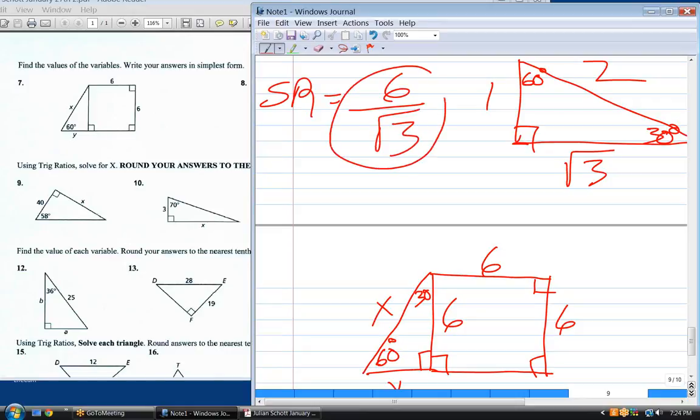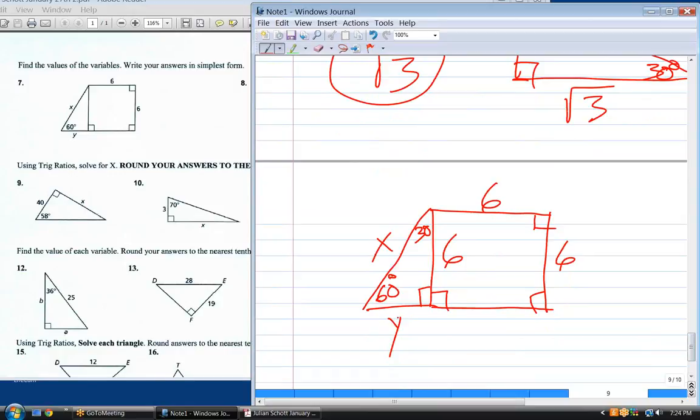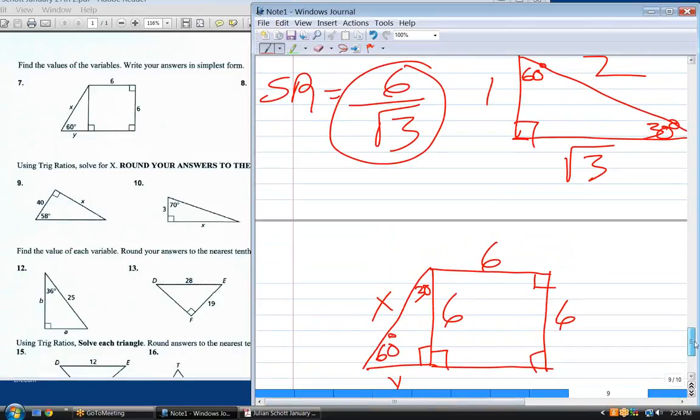Now we're going to multiply to get our other sides. So what is the side opposite the 30-degree angle? Just 6? Remember, we multiply it by that ratio. Oh, yeah. 6 over root 3. Okay, rationalize that.